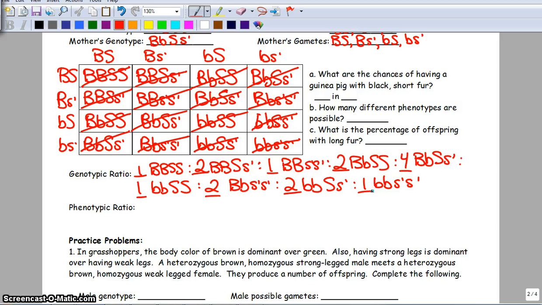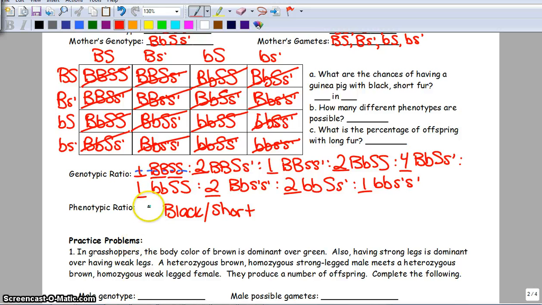Up next is our phenotypic ratio. If we look at big B, big S, that is going to be black short fur. We'll start with one of those. I'm going to temporarily cross that off so we don't add it in again. All right, next we have big B, big S, little s. That's also going to be black short fur.